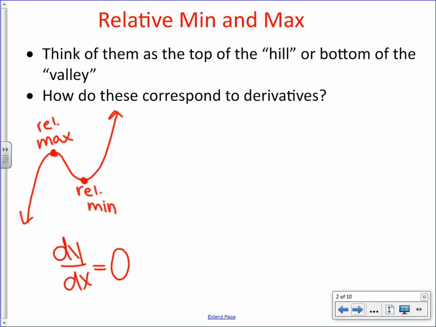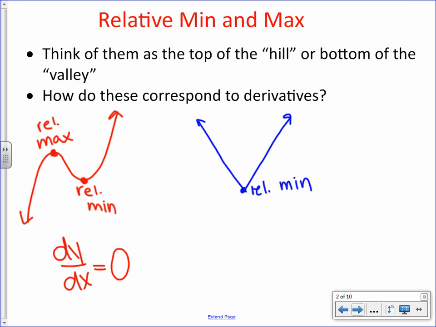Okay. Now, this picture wouldn't necessarily be the only time we would have a relative minimum or maximum. I want to draw this picture right here. Could you say that this point was a relative minimum because we are switching from decreasing to increasing?